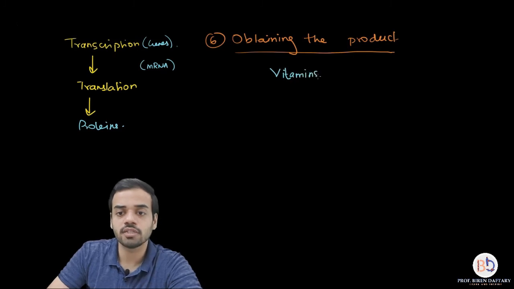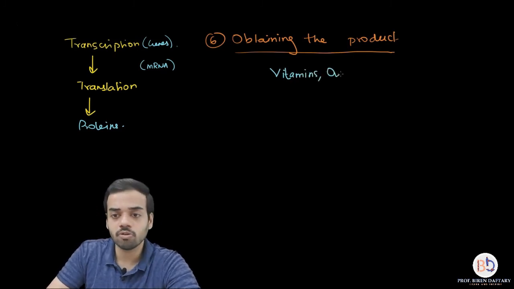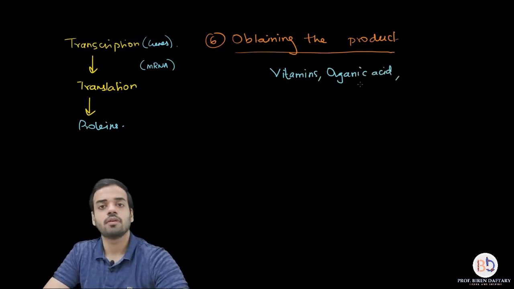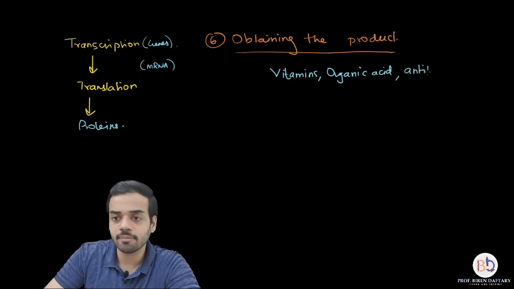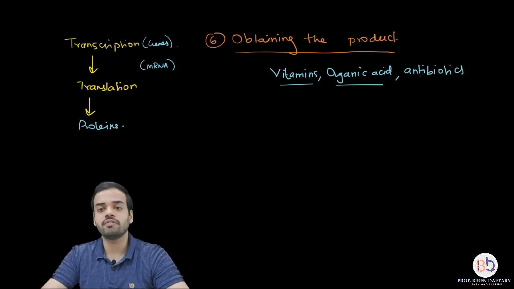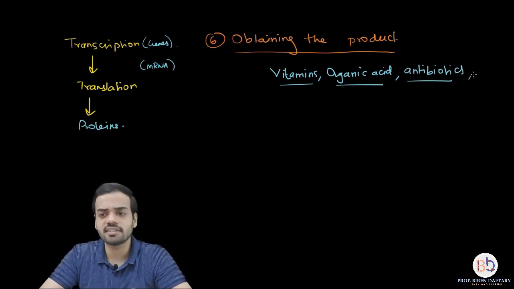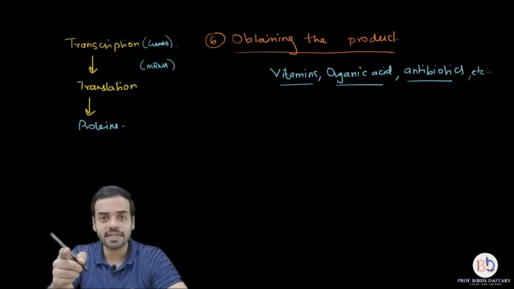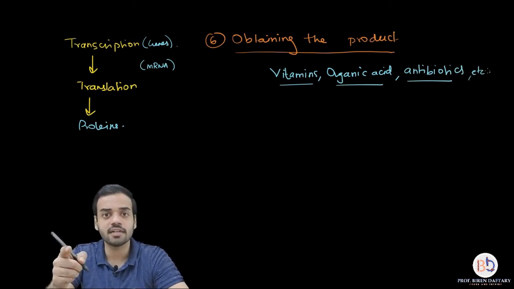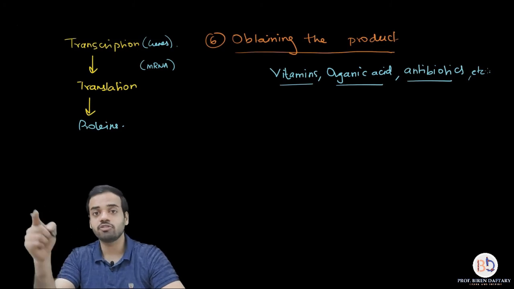If you use another type of required gene, maybe you might get organic acid as the product. Maybe if you use some other required gene, you might get antibiotic as the product. So all these things which I have written down over here, vitamins, organic acids, antibiotics, etc., are produced by the host bacteria from the gene which you have inserted.